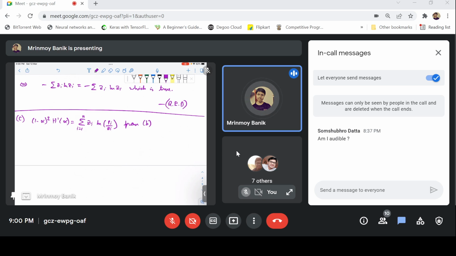Now we have to show h dash alpha is non-increasing, so we have to show it's less than 0. How to proceed?